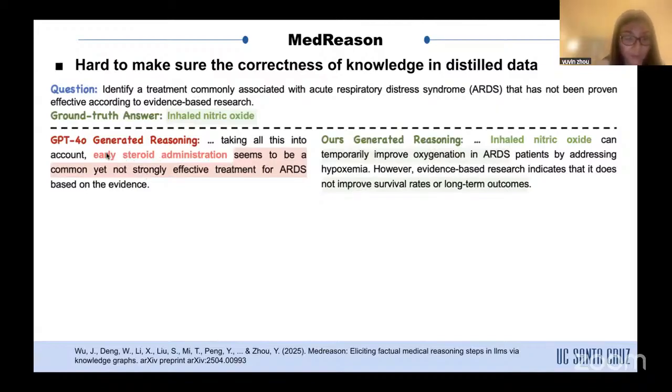As you can see, the reasoning traces are not very accurate. It says early steroid administration seems to be a common yet not strongly effective treatment, so it's a very hesitant and incorrect statement. However, in our case, we have generated much more accurate reasoning traces for this same question.